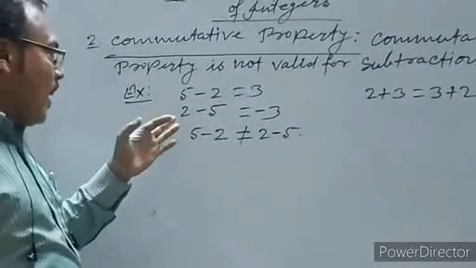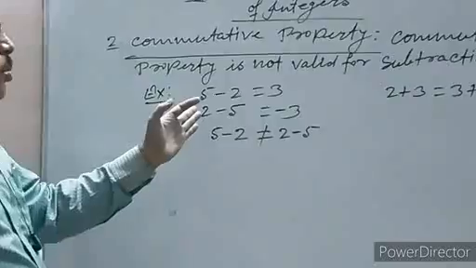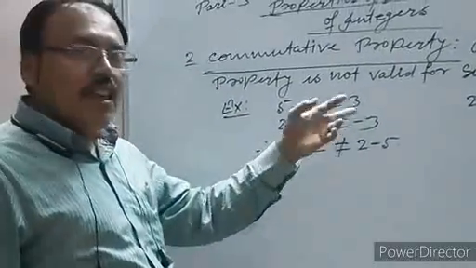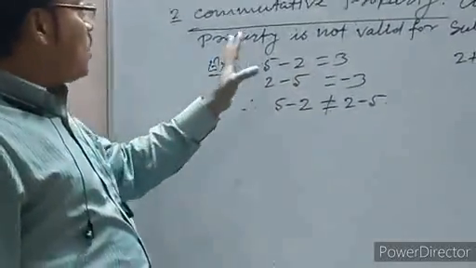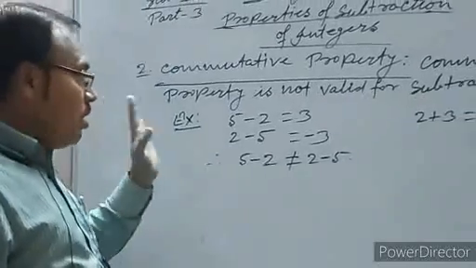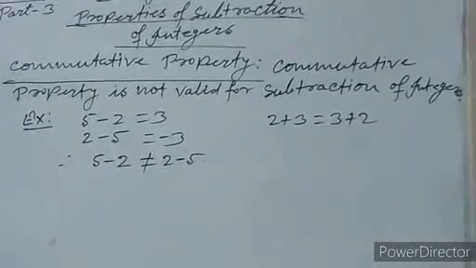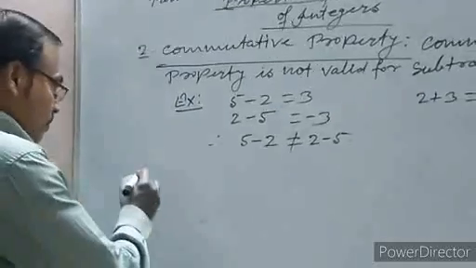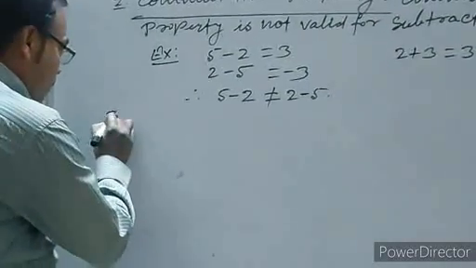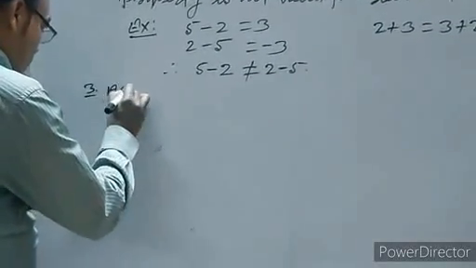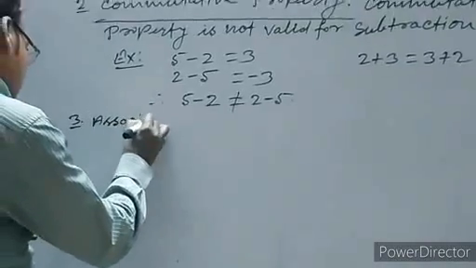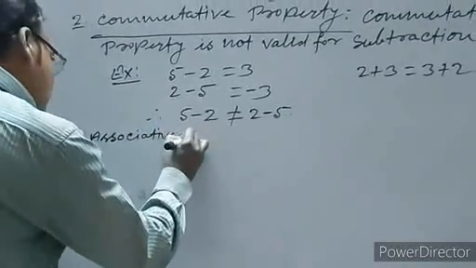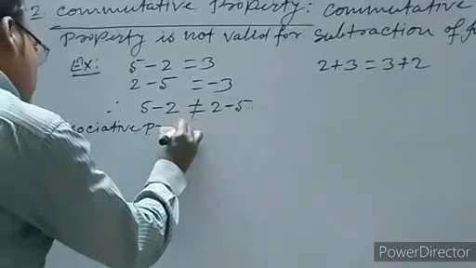And if we subtract 5 from 2, then we get minus 3. And 3 and minus 3 are not equal. Thus, commutative property is not valid. Next we see associative property. Third one is associative property.